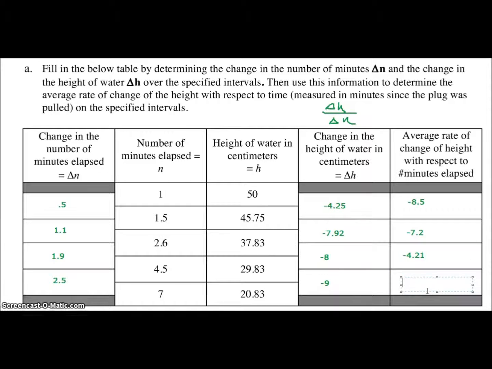Negative 9 divided by 2.5 is negative 3.6. Okay, so it's not a constant rate of change, but what's happening here is the rate of change is becoming less negative, meaning that the rate of change is increasing.